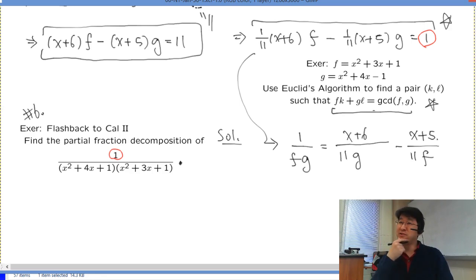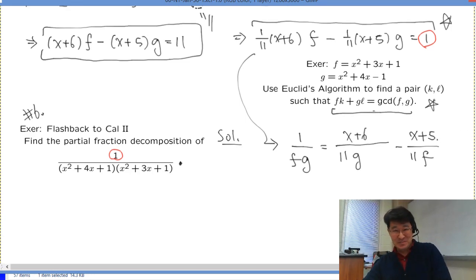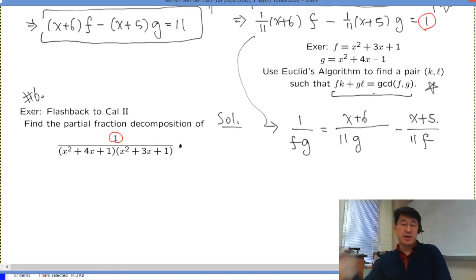If there's a long division, it's not going to work. All right. Let me give you another interesting statement. This is how we approach the partial fraction decomposition problem in calculus 2. You write this one like this, right? Any question about my answer?